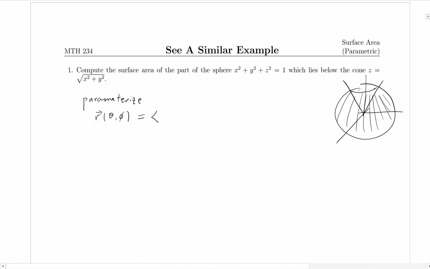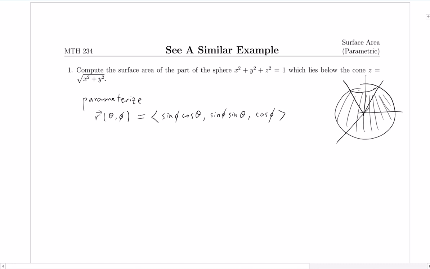So remember, in spherical coordinates, x is rho sine phi cosine theta, y is rho sine phi sine theta, and z is rho cosine phi.